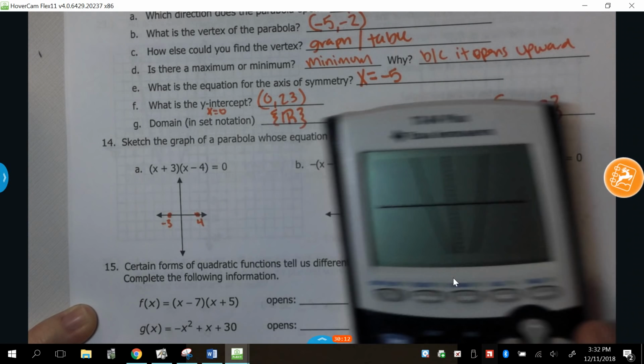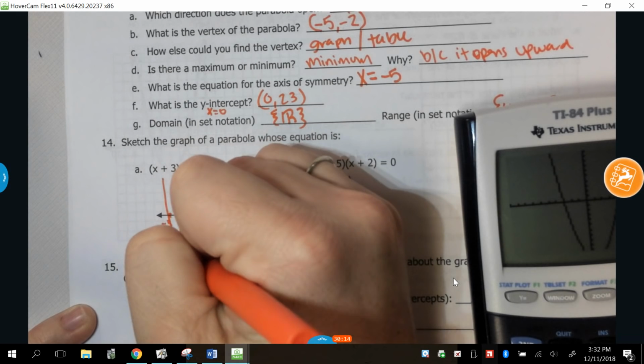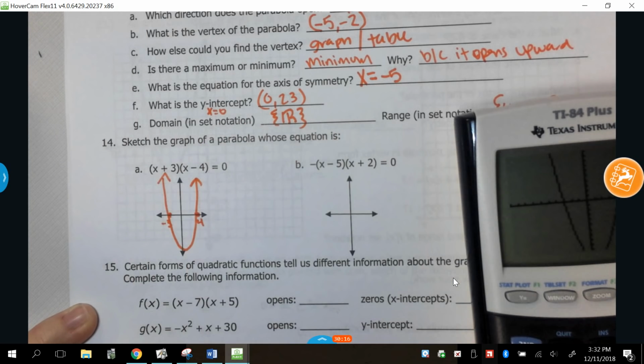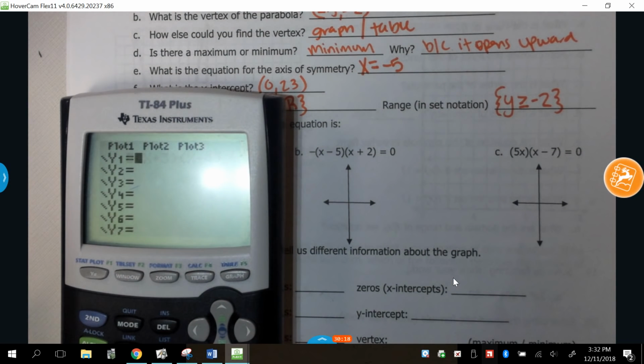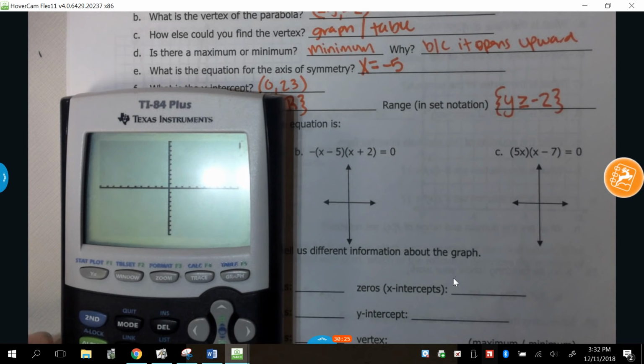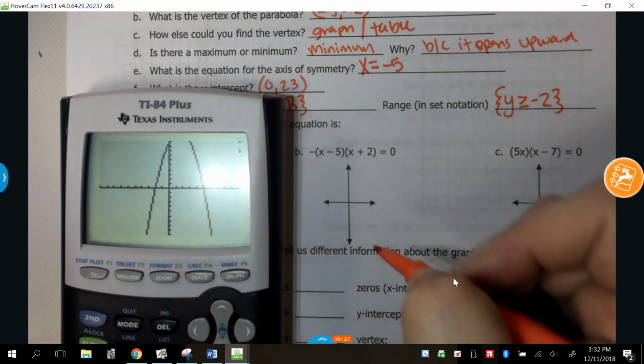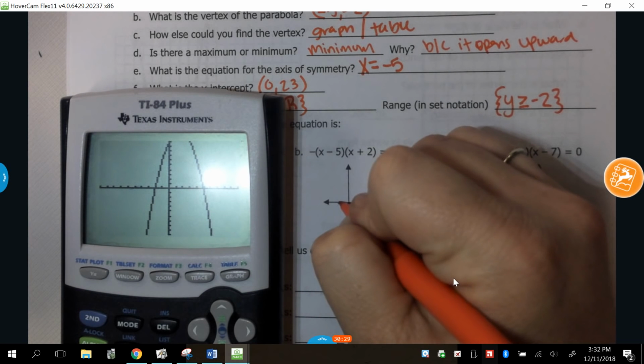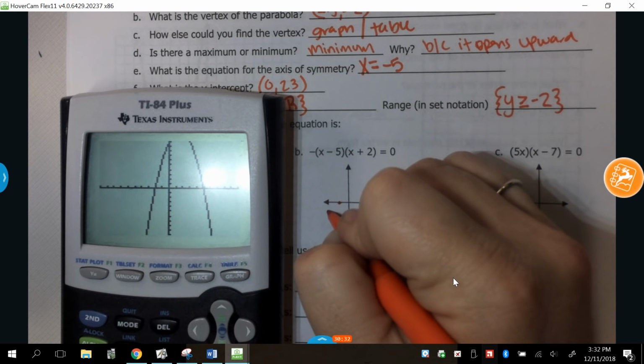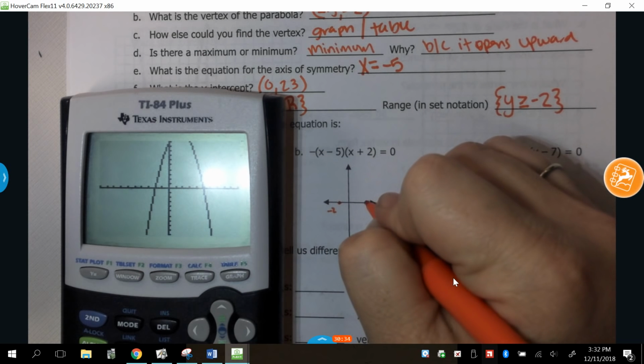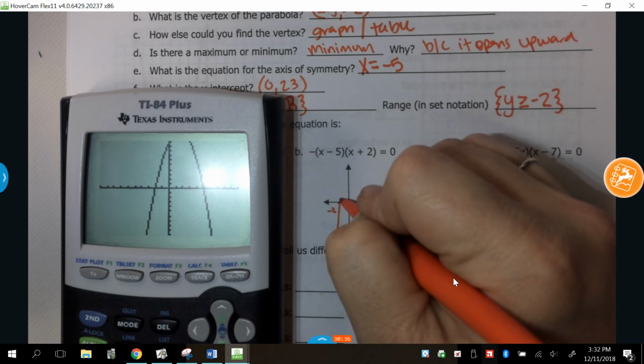So it looks like this. Again, let's try this one. Negative x minus 5, x plus 2, hit graph. The opposite of positive 2 is negative 2, which is where it shows us. Opposite of negative 5 is positive 5, and it's going to open downward.